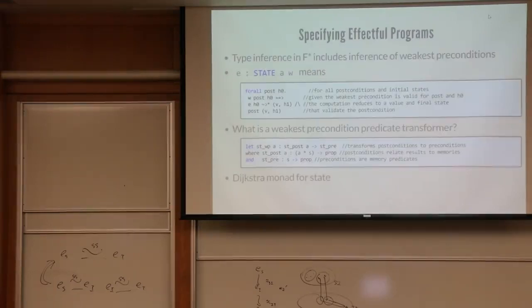This box is meta. This is not F*. And in that meta, did you intend that to be a function or a relation? In the case of state, it's a function, but if the effect were, say, non-determinism, then it would be a relation.